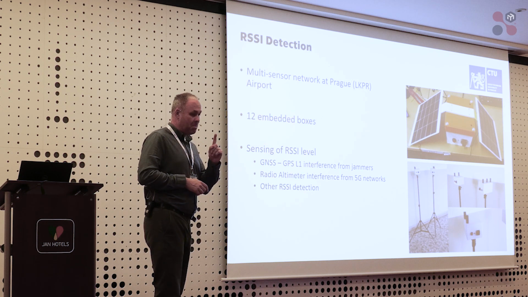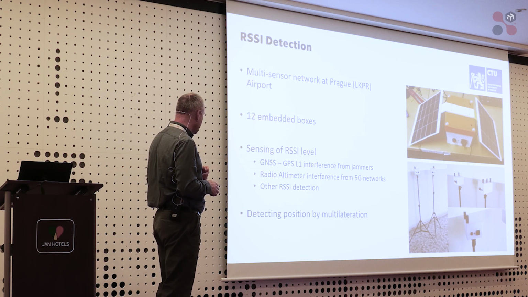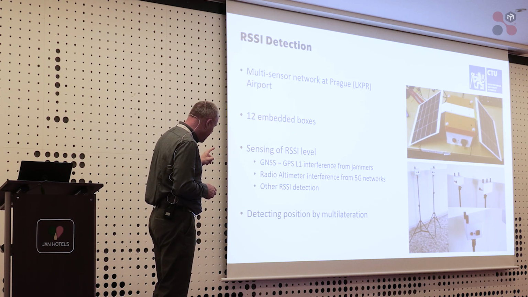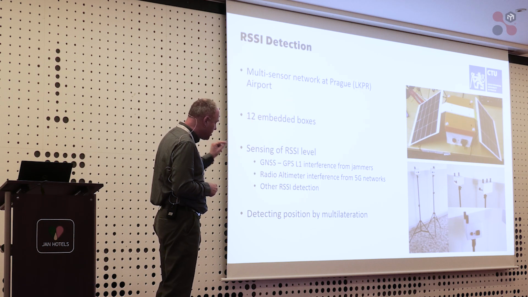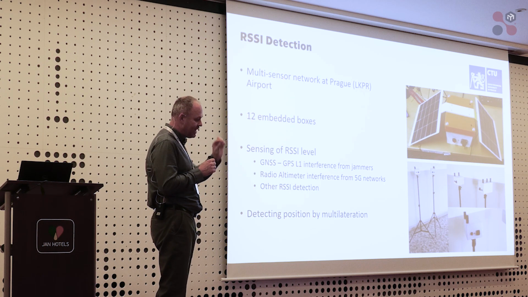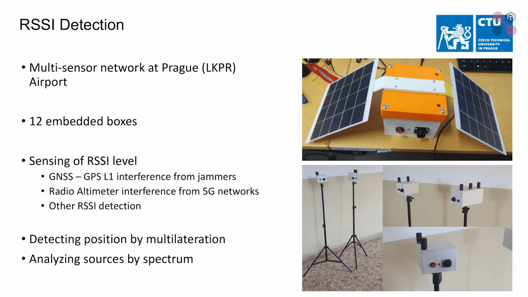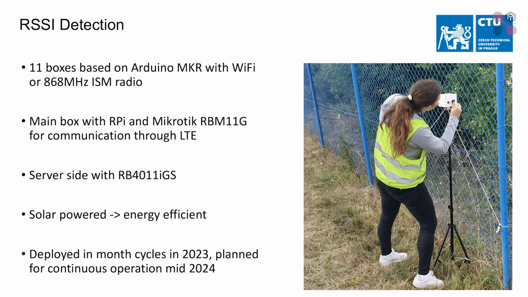The most important thing with this project: we do not just detect the level, but with that number of sensors we also do multilateration. So we find the position of the source, so we can send someone there and deal with it, or they will deal with it. And it's running online.